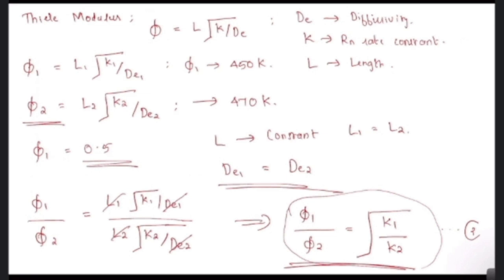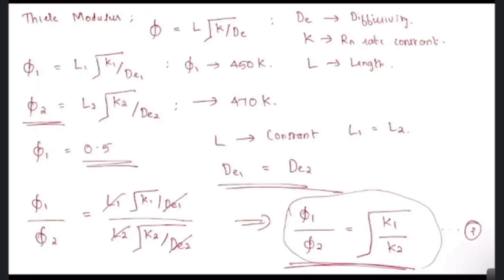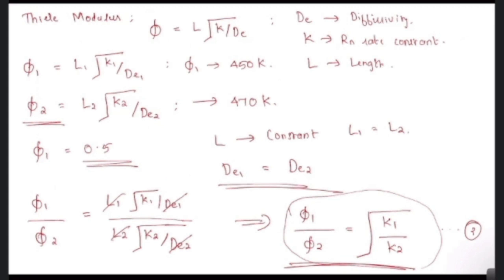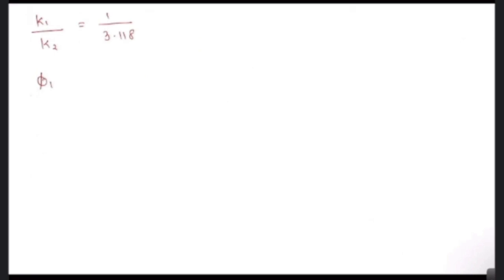So we have two equations here. The first equation being k1 by k2 is equal to 1 by 3.118, because here it is k2 by k1, which is 3.118. So k1 by k2 will be 1 by 3.118, and also we have phi 1 by phi 2 is equal to root of k1 by k2.